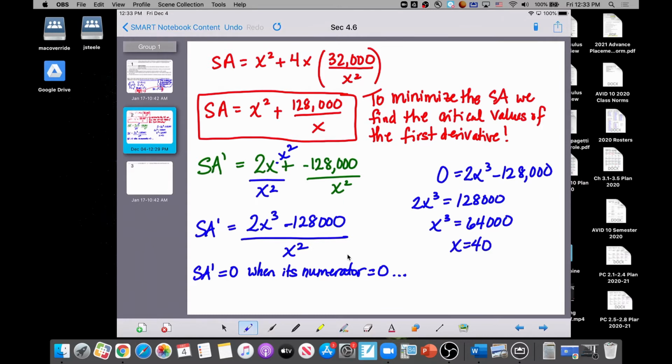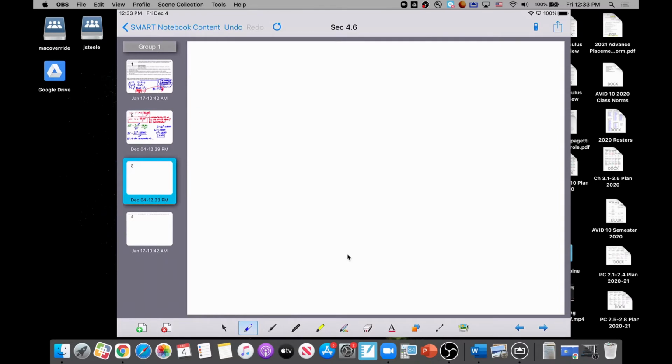Okay? So that tells us that x equals 40 is going to be the optimum side length of the base in order to minimize the surface area of this box. Now, finally, if x equals 40, then my y dimension, or the height of my box, is going to be 32,000 divided by 40 squared.